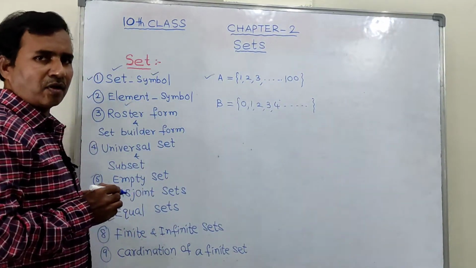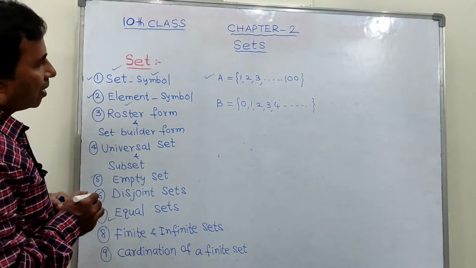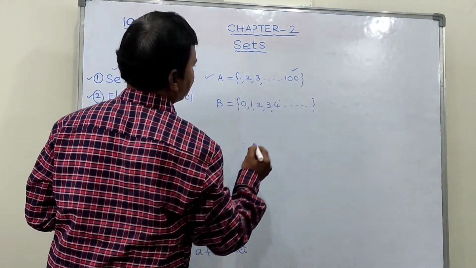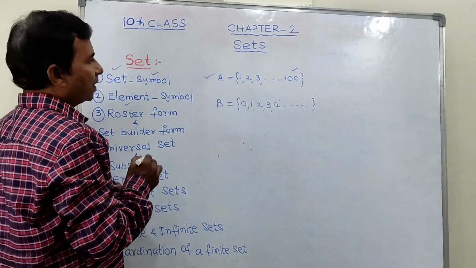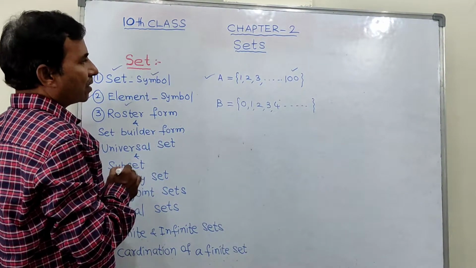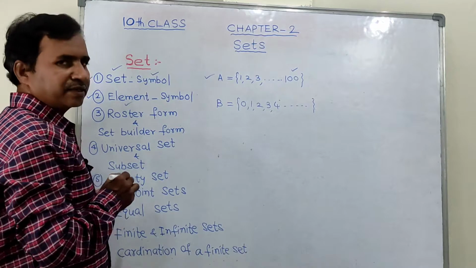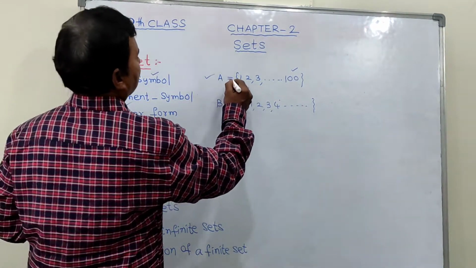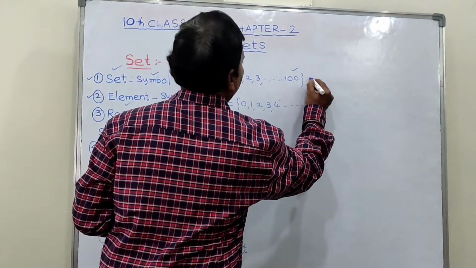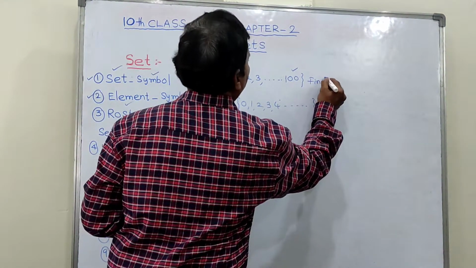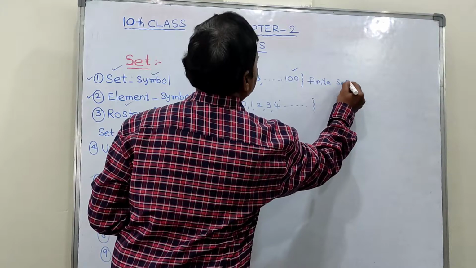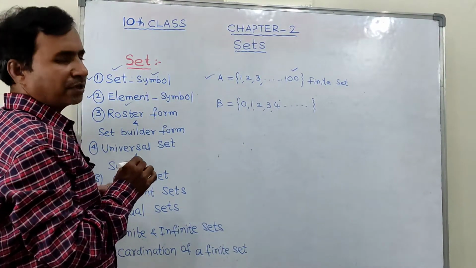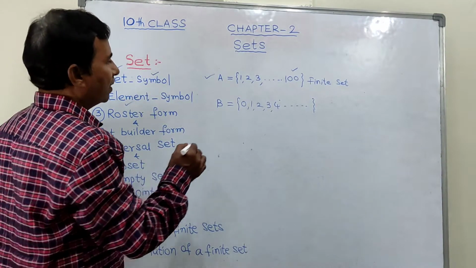So, 100 is the last number of the given set. If any last number is there, means if the number of elements are limited, finite means which are countable, the set we will call it as finite set. Finite means which are countable, which are having the limit, which are having the last number.